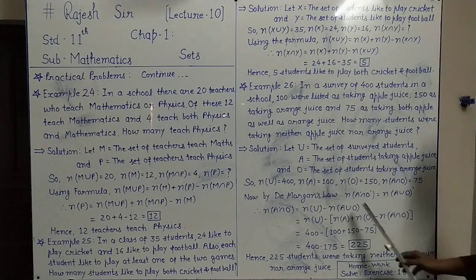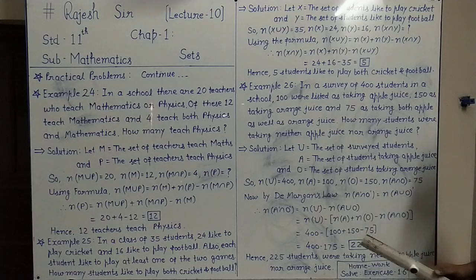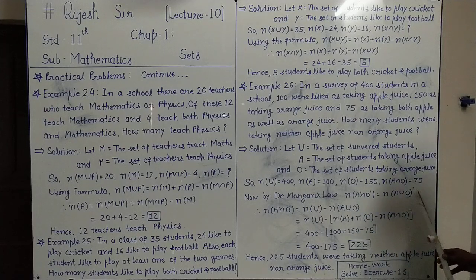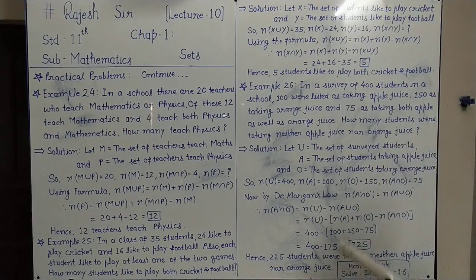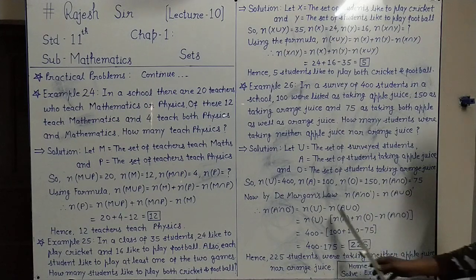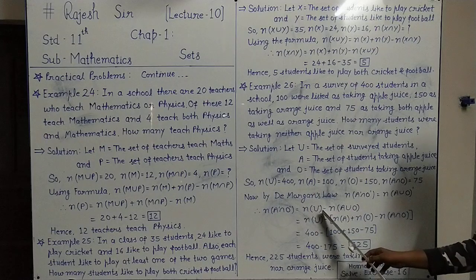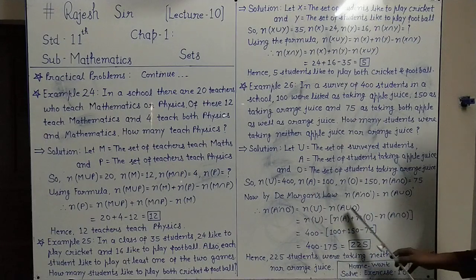Its simplification: the whole dash is the complement of A union O, meaning the elements from U but not from A union O. So from n(U) we have to remove n(A union O).